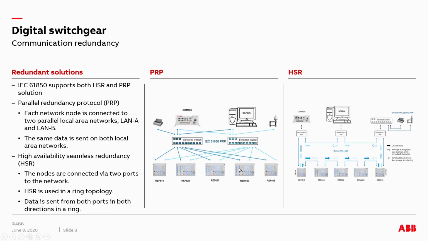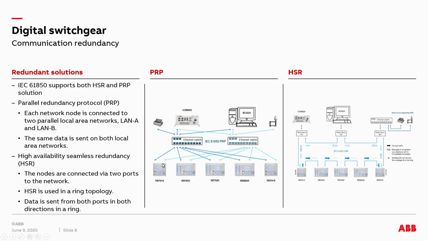So it's basically duplication of the network, and the same data is sent on both local area networks. With this arrangement, we are sure that no data is lost at any point in time. If there is a problem in one network, the other network is 100% active.